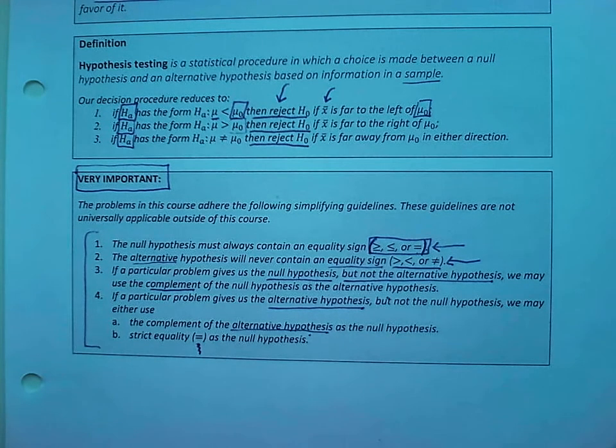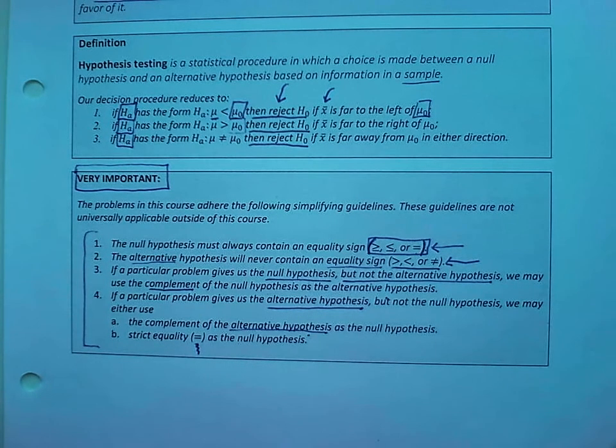So, to be specific about this, the textbook that I've taken these definitions from, the textbook that the department recommends for this course, always uses equality for the null hypothesis.